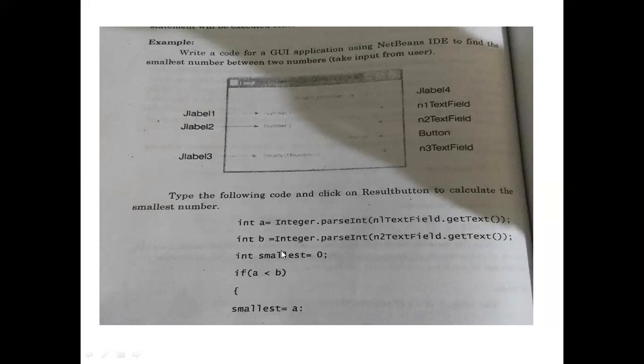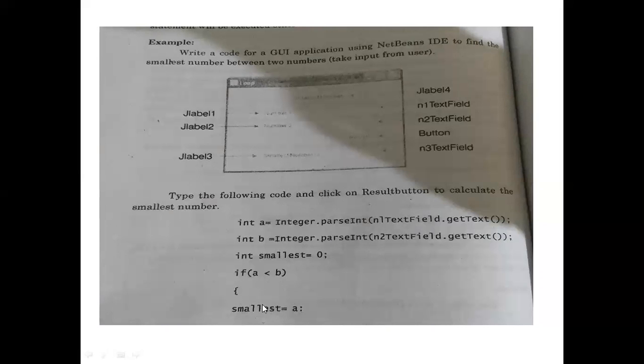So the value of smallest was 0 at first; now suppose I gave 10, then 10 will be assigned to the smallest variable. Then we have the smallest value in the variable, and we have to show this value on the screen, the GUI interface.